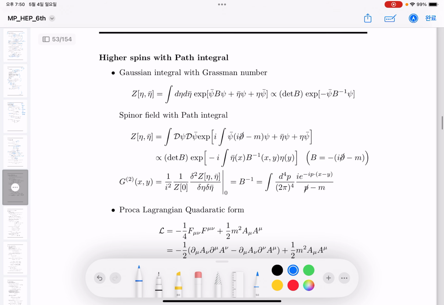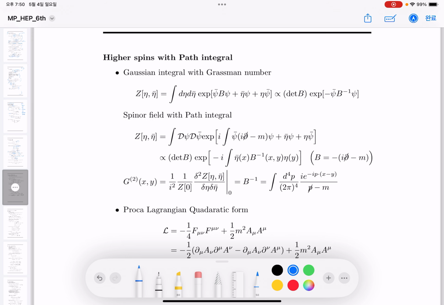Similarly, we can apply the path integral to other spins, for example, the spinor field with spin 1/2. In this case, the spinor fields are constructed from Grassmann numbers, and the Gaussian integral with Grassmann numbers yields the determinant of B, not in the denominator but in the numerator.